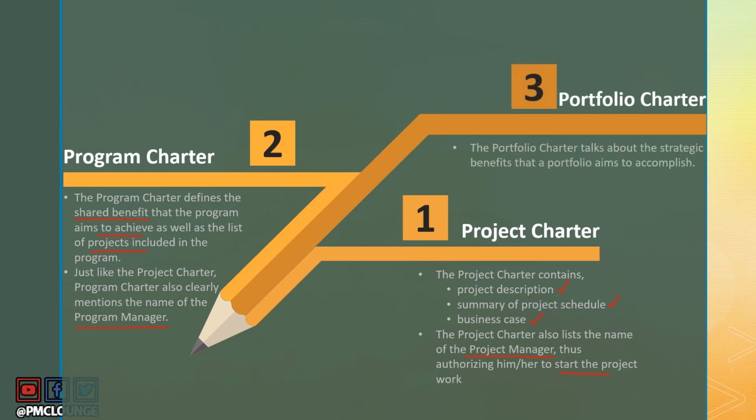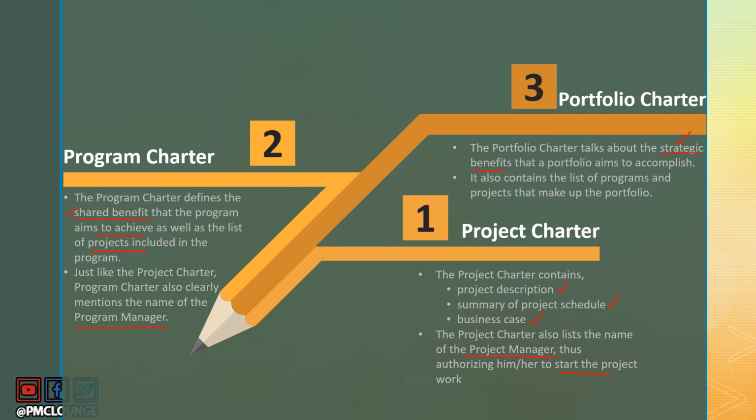And finally, number 3 is the portfolio charter. The portfolio charter talks about the strategic benefits. Program charter talks about shared benefits; portfolio charter talks about strategic benefits. And all portfolios aim to accomplish certain strategic benefits.